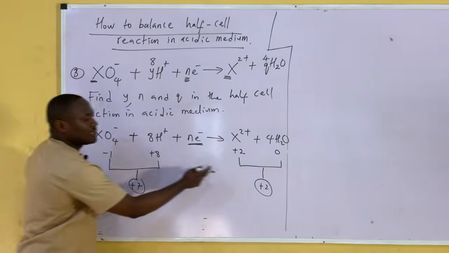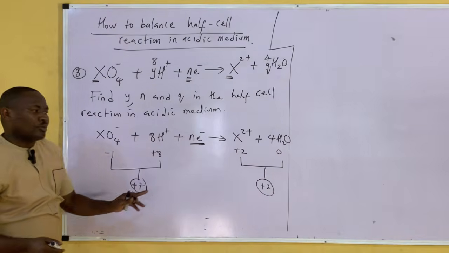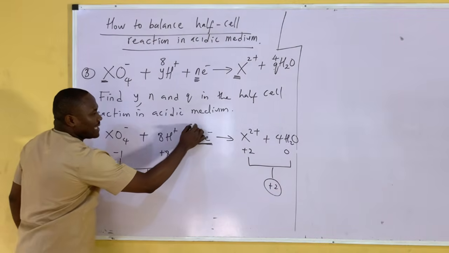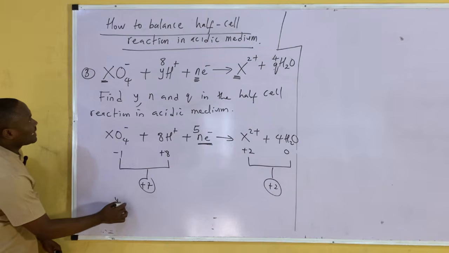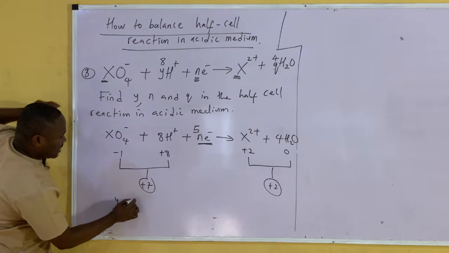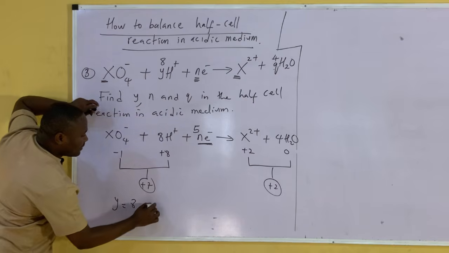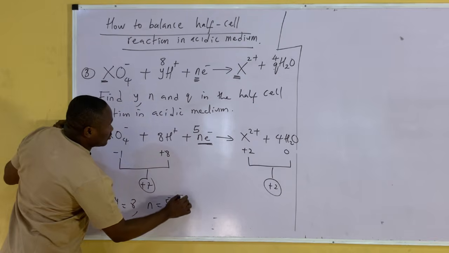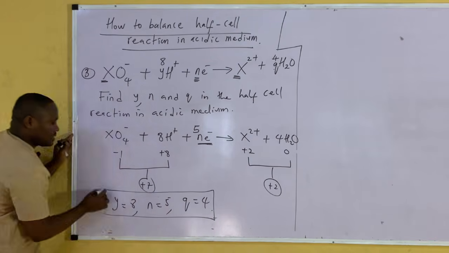Plus 7 is greater than plus 2. How many electrons will I add to plus 7 to make it equal to plus 2? It is 5 electrons. So my N is equal to 5. So I can now boldly say that my Y is equal to 8, my N is equal to 5 and my Q is equal to 4. That becomes the answer to this.